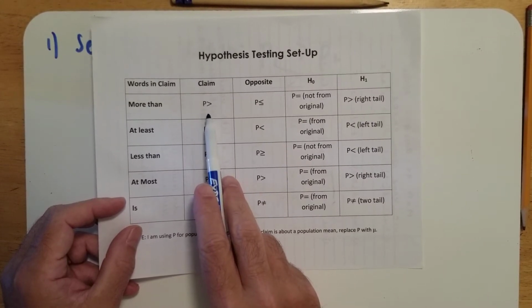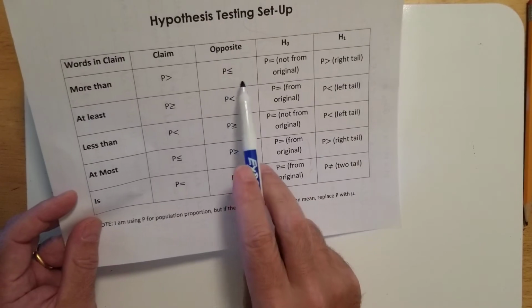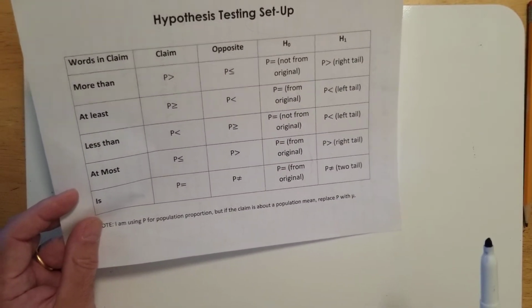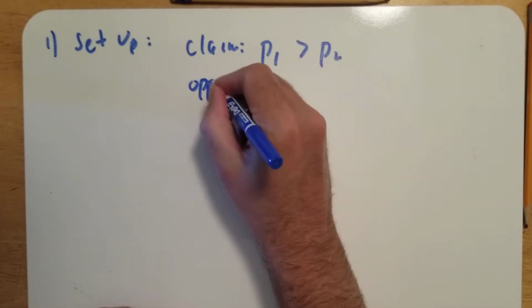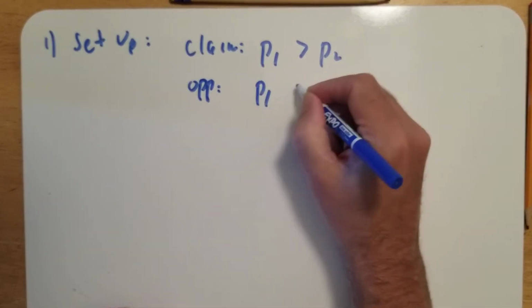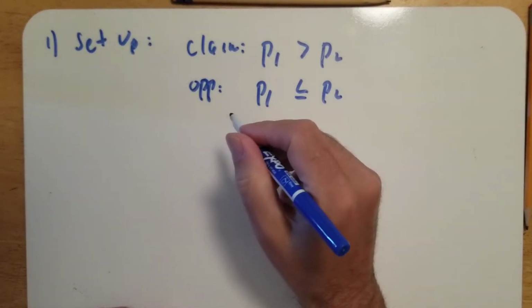Now this is in terms of P, but notice the greater than there. I'm going to go across to get the rest of this set up. The opposite of the claim is that P1 is less than or equal to P2. And again, I'm reading across the chart.